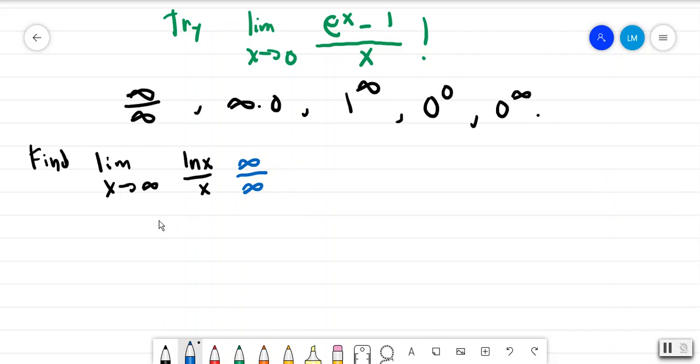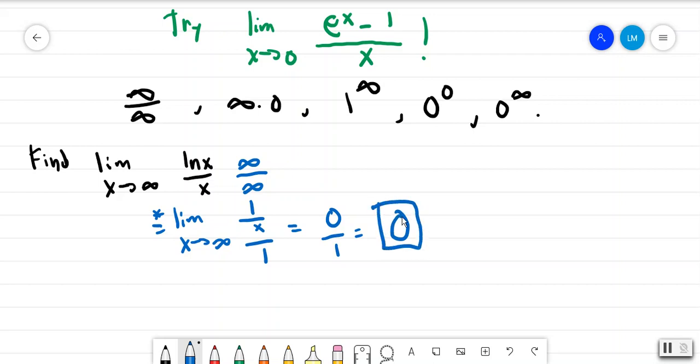So what that means is that we just have to take the derivative on top and bottom. So we have the limit as x approaches infinity of 1 over x, divided by 1. But in this case, as x approaches infinity, that's going to go to 0 over 1, which is just 0. So the limit is 0.